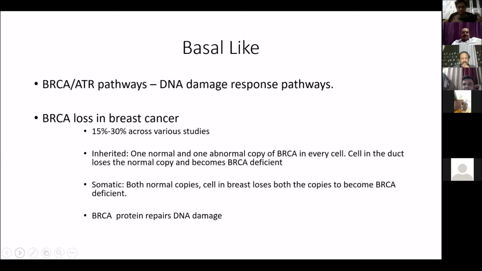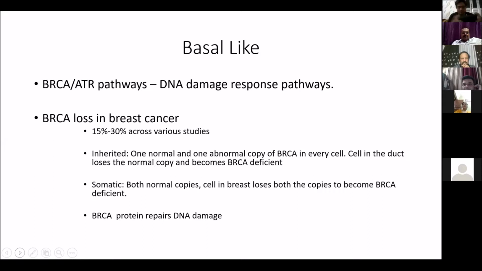When the single nick duplicates and becomes a double stranded break, it's taken care of by the HR pathway, and the HR pathway is in turn governed by the BRCA gene. Now the ATR pathway is an upstream pathway of PARP-BRCA, which I'll tell you maybe in the next slide.